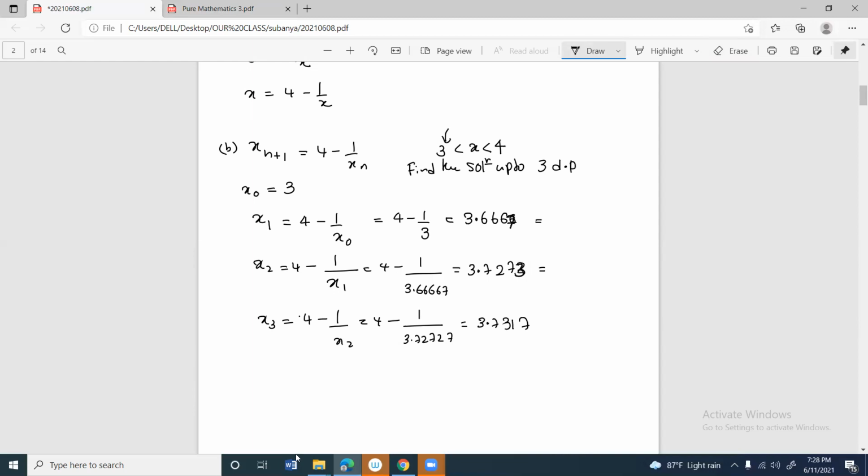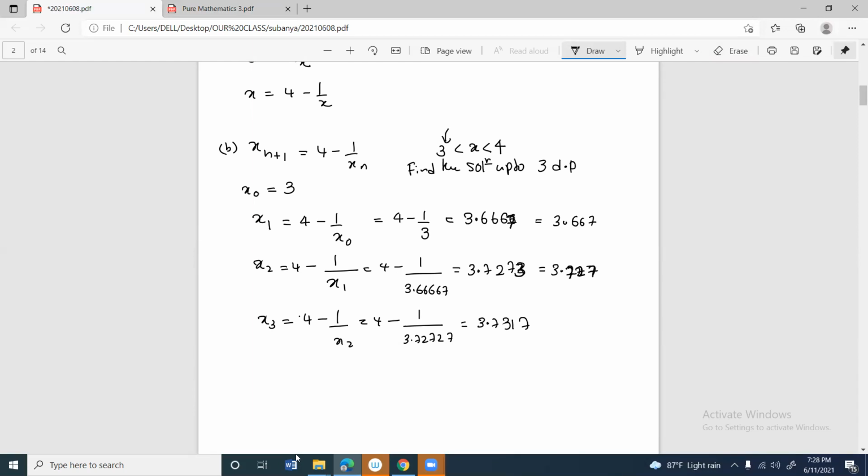Right. Then what you need to do is round off this answer to 3 decimal points. Then what do you get? 3.667. And this answer, 3.727.